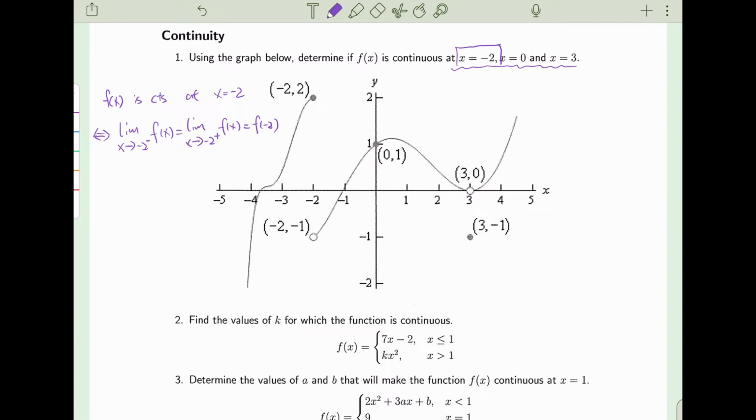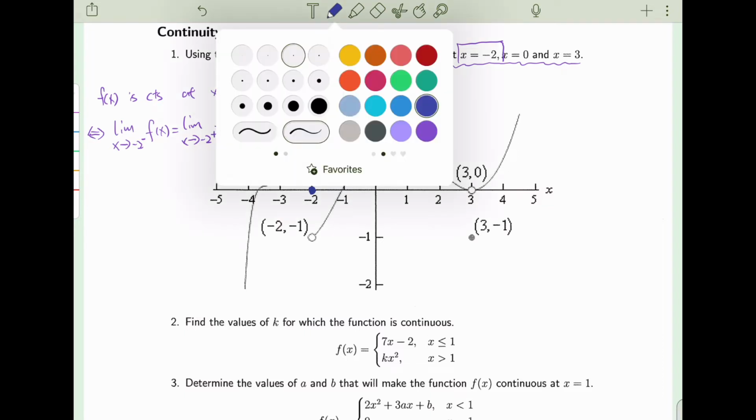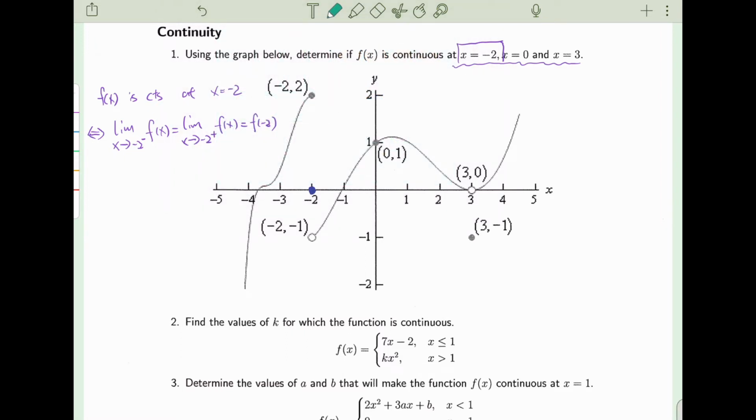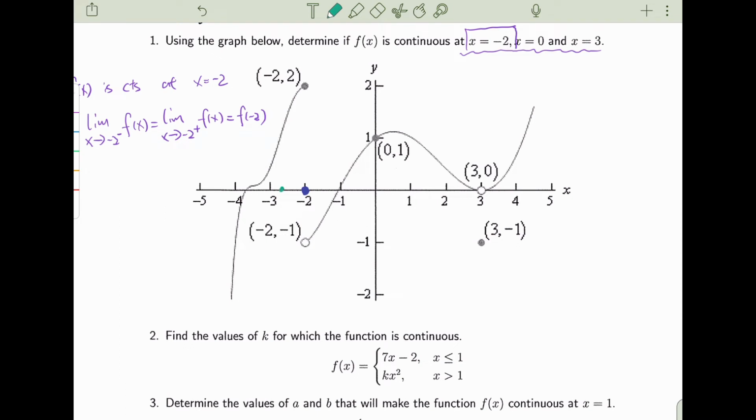But now we're given a graph, so we want to check the definition by using this graph. How can we do it? First step is gonna choose the point on the x-axis, that is x equal to -2. This is my blue point. Now we're gonna check the left limit when x approaches -2 from the left side. So we're gonna choose a point on the left side of this blue point on the x-axis, just a little bit to the left, maybe here, okay?